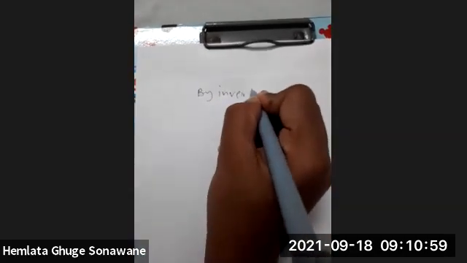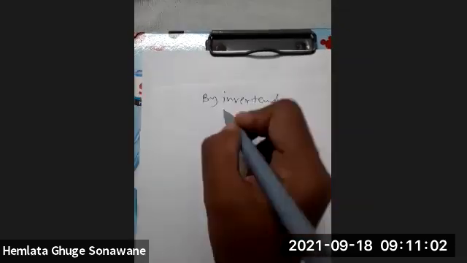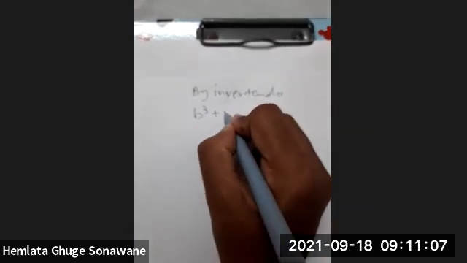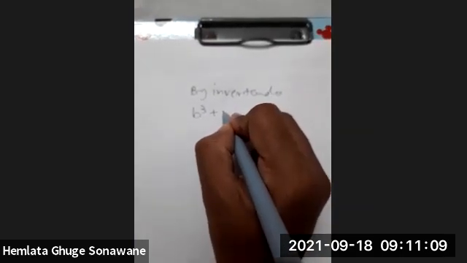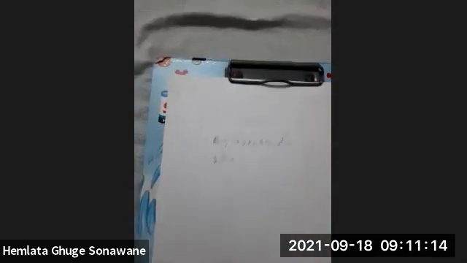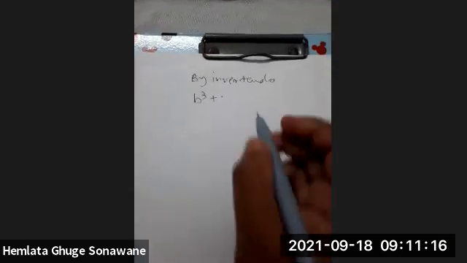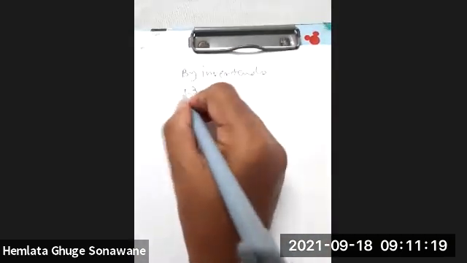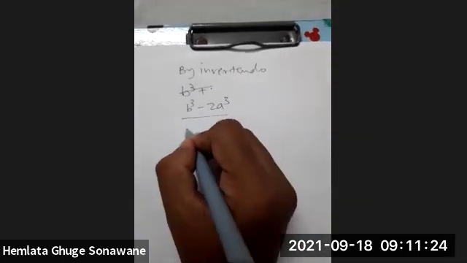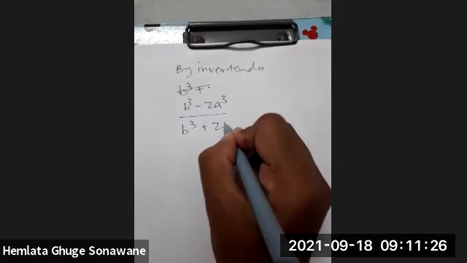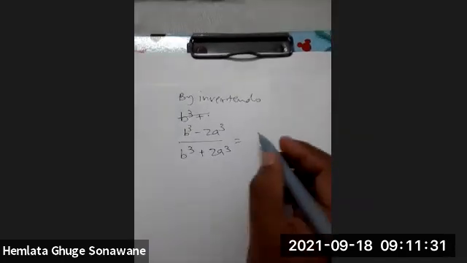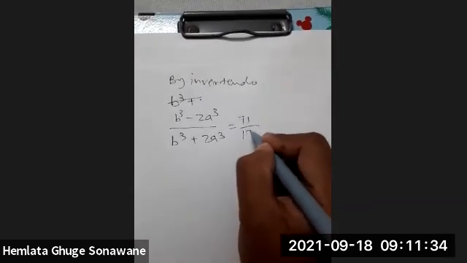Okay, now we'll apply the property of invertendo. By invertendo, what we have got is b cube plus 2a cube, so it becomes (b cube minus 2a cube) upon (b cube plus 2a cube) is equal to 71 upon 179.